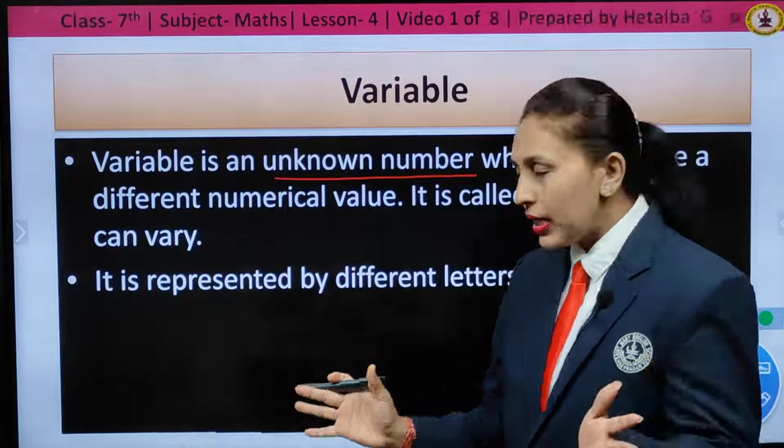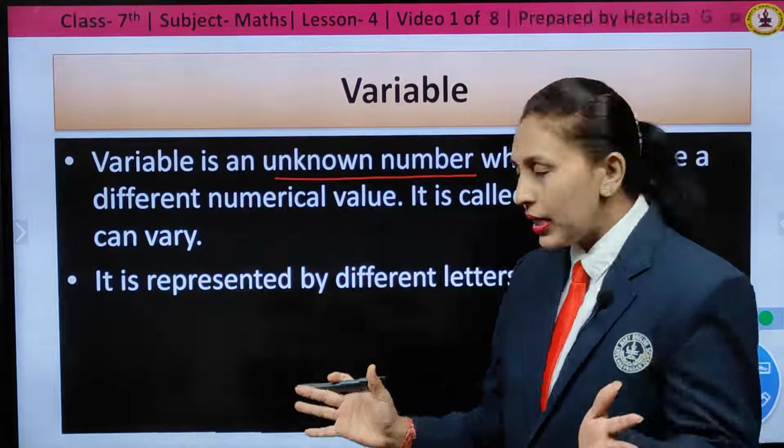Now the second method to find the solution of an equation is the transposing method. Now what is this transposing method, children? In this method, we transpose the numbers from one side of the equation to the other side, so that all the terms with the variable come on one side and all the constants come on the other side.